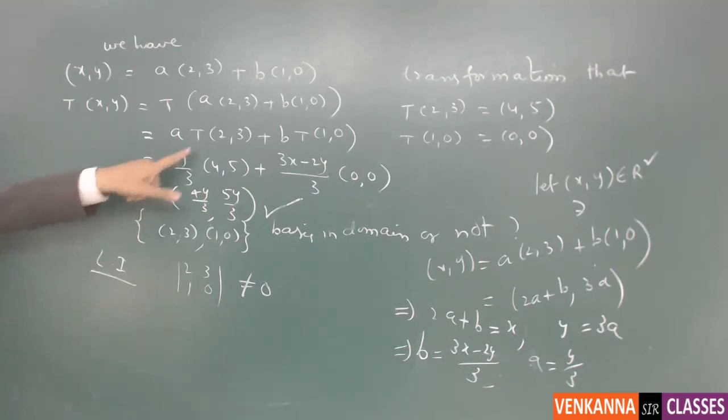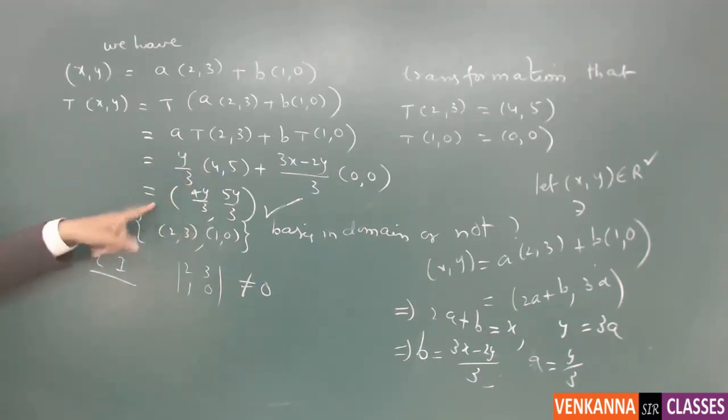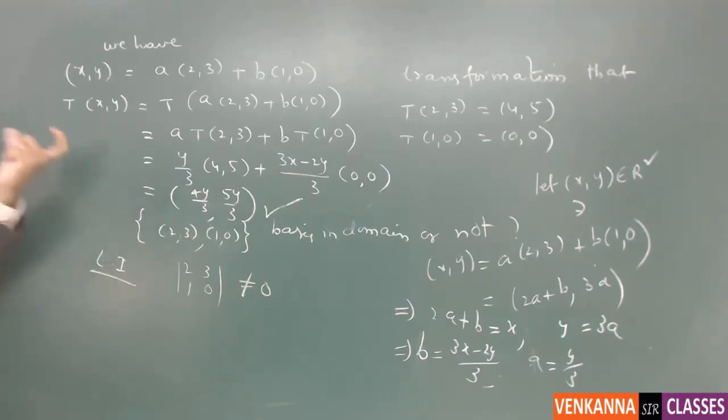Substituting the scalar values and the respective image values, you will get the condition of T. In other words, you are finding how T transforms one value into another. Any questions for anybody on this procedure? Please tell. If you are clear, then I will take the other model. All of you clear about this?